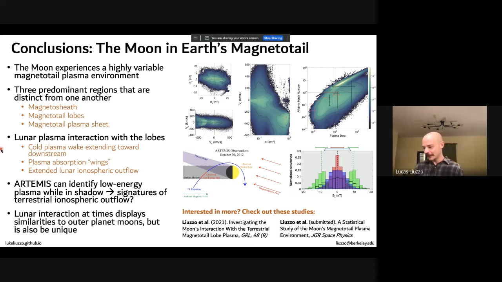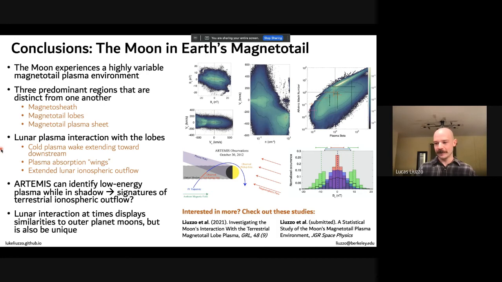This really low energy population could maybe be associated with terrestrial ionospheric outflow. So really low energy plasma that extends down tailward from Earth's ionosphere. It's kind of leaking out into the Magnetotail.